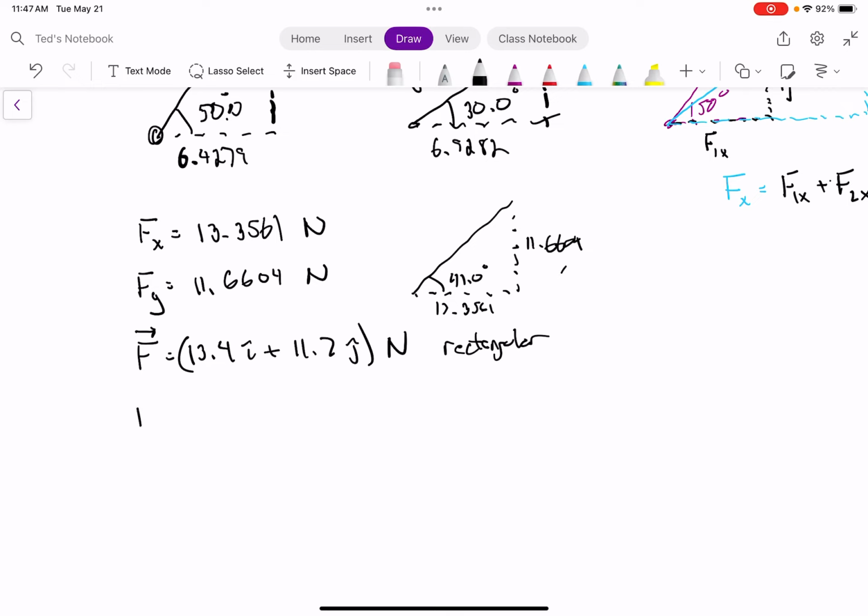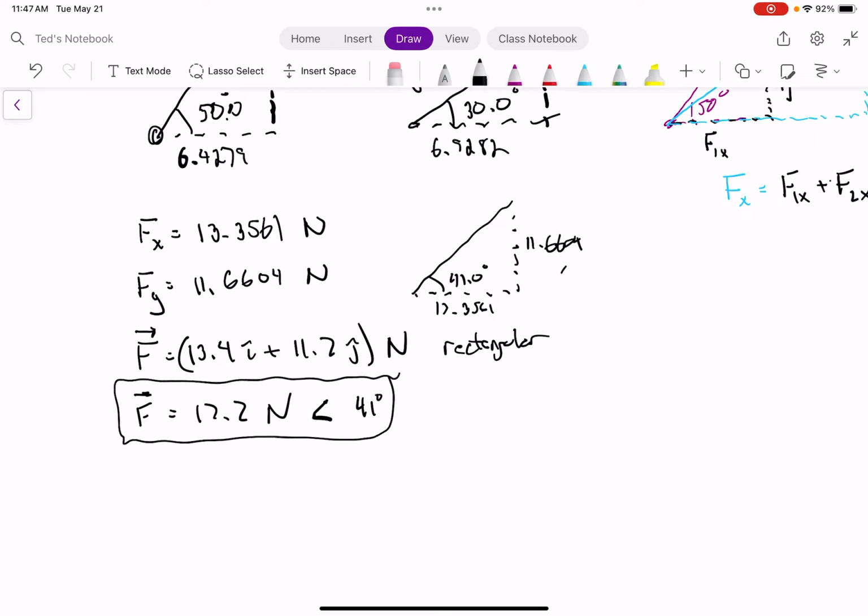So this force is also equal to 17.7 newtons at an angle of 41 degrees. This is supposed to be an angle sign, an angle of 41 degrees. 17.7. Sometimes it's hard to write on an iPad, sorry. All right, so that's how we add vectors. And I guess that'll be it for this video.